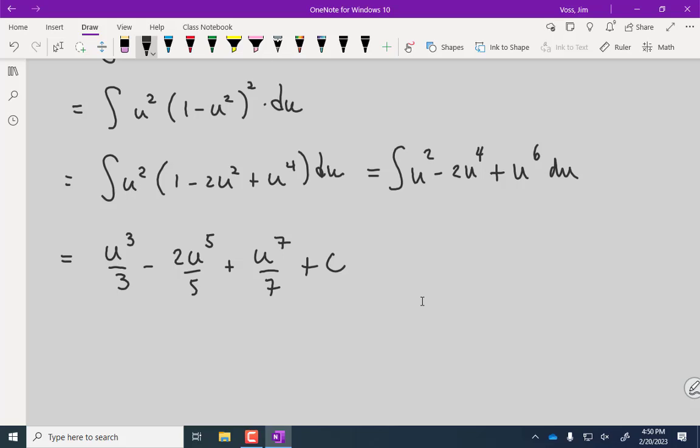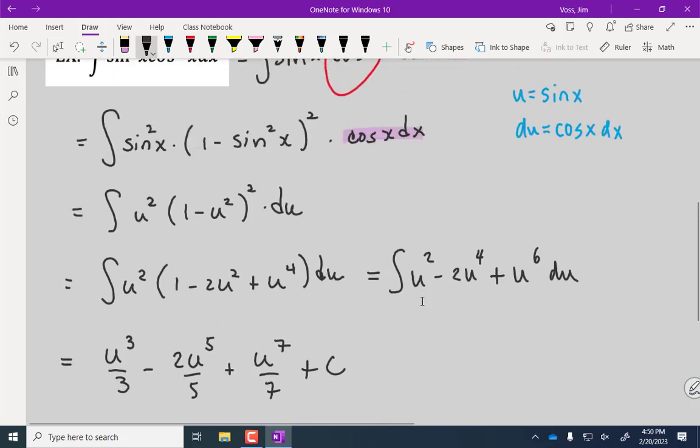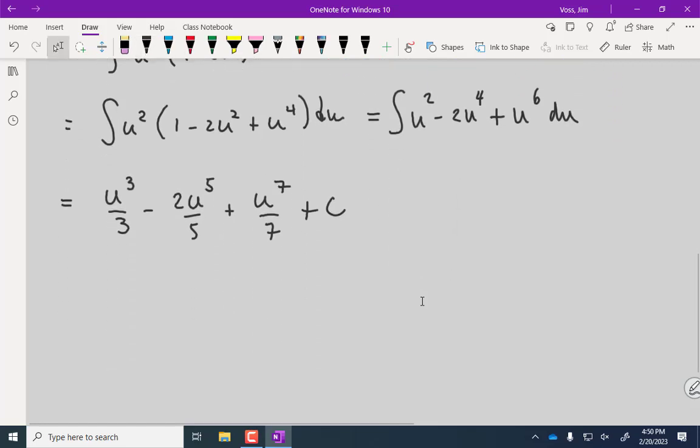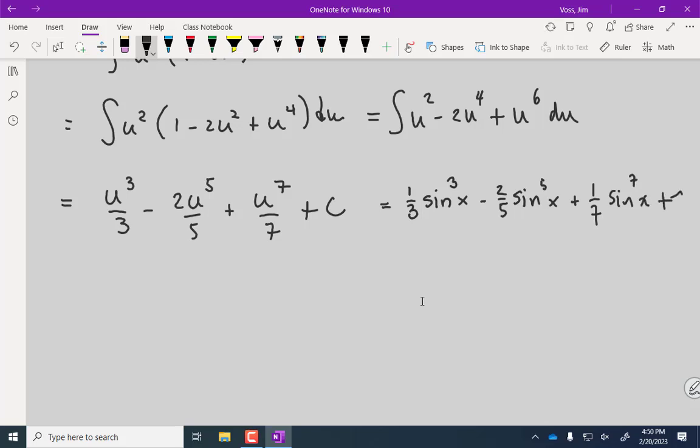And then last step, back substitute. We got to get rid of the u's, got to get back to x. And we said that u was sine of x, so all we do is replace the u with sine x. Let's see.